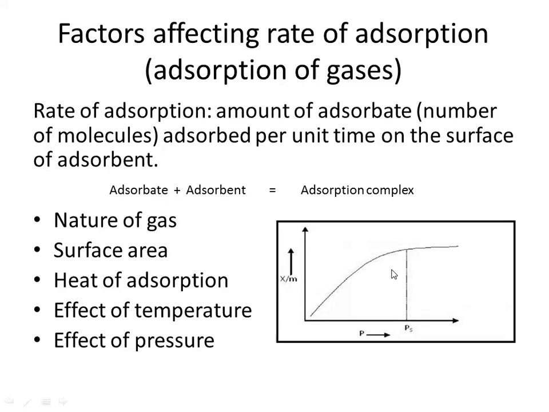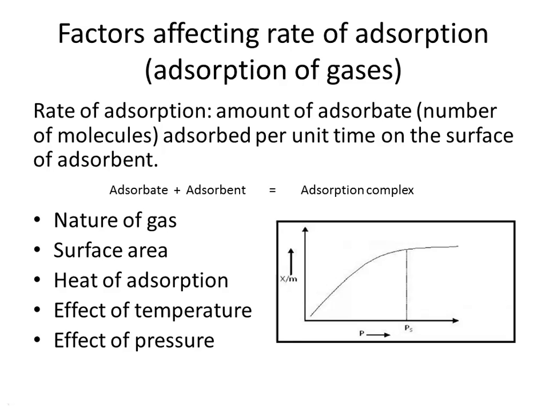This is the adsorption isotherm we have already discussed. The rate is fast at the start, then it inclines, and then it remains constant when the adsorption complex is formed. That means when no further spaces are available, there is no change in the adsorption.